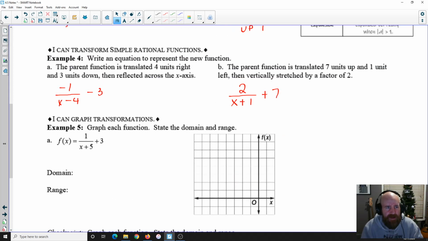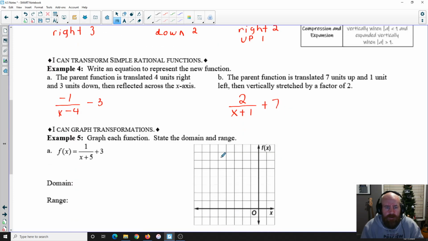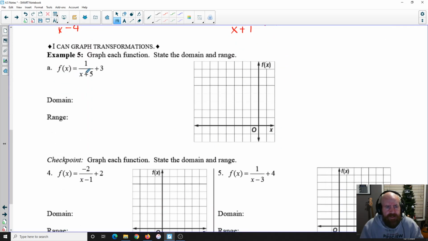But if we look at the parent function, our hyperbola here, we're up here in the top right first quadrant, and then we're in the third quadrant. So we need to remember that unless we reflect over the x-axis, that's where we're going to be, in the first and the third. So first we need to state domain and range, and then we can graph it.